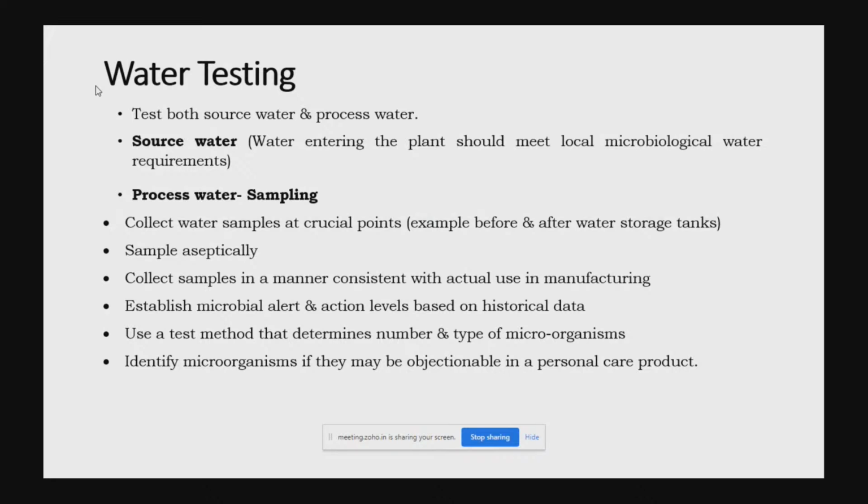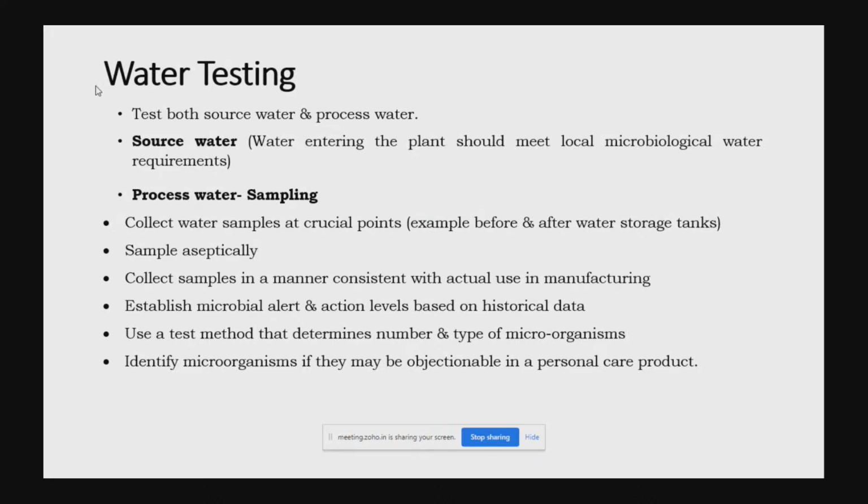We schedule the water samples, collect them, and analyze them by the membrane filtration technique. We also perform the specified microorganism test, and in water for injection, we perform the LAL test, the bacterial endotoxin test.